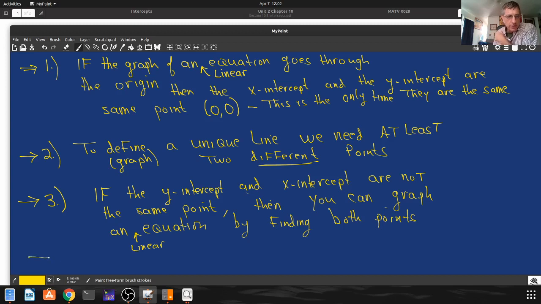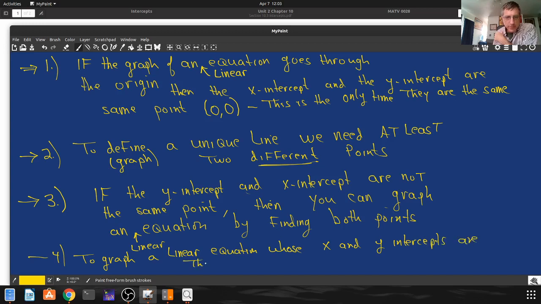So, the fourth, to graph a linear equation whose x and y-intercepts are the same, we need to find another point.